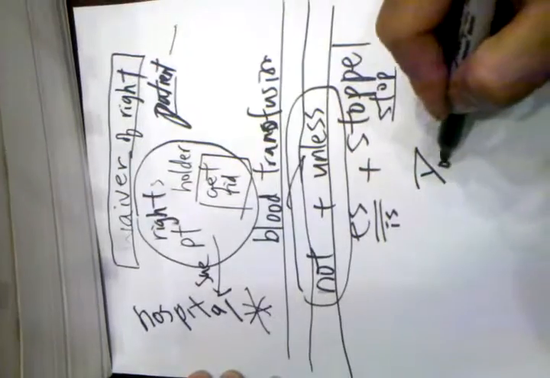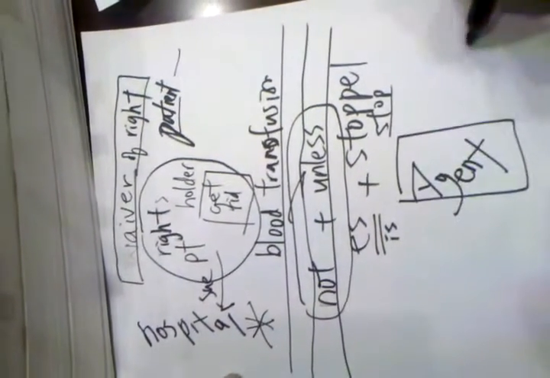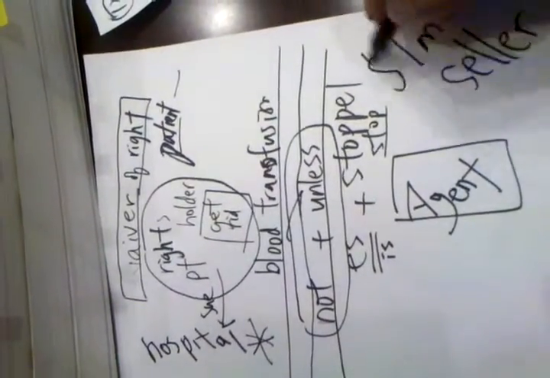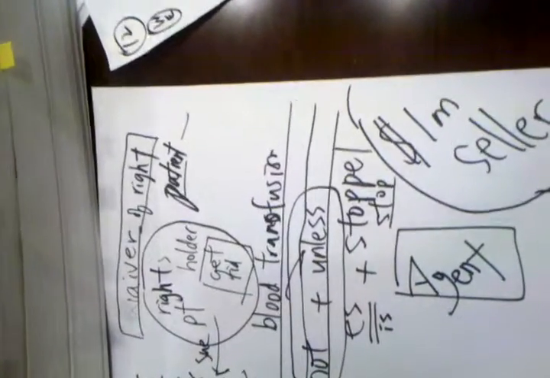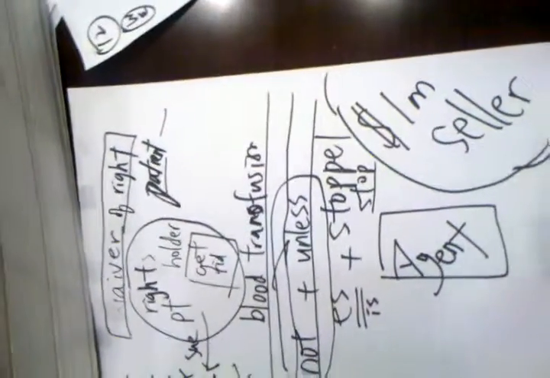One time there is an agent, and this agent is helping a seller to sell a $1 million house. The seller is going to China, like you. You have a $1 million house, you let me sell it.